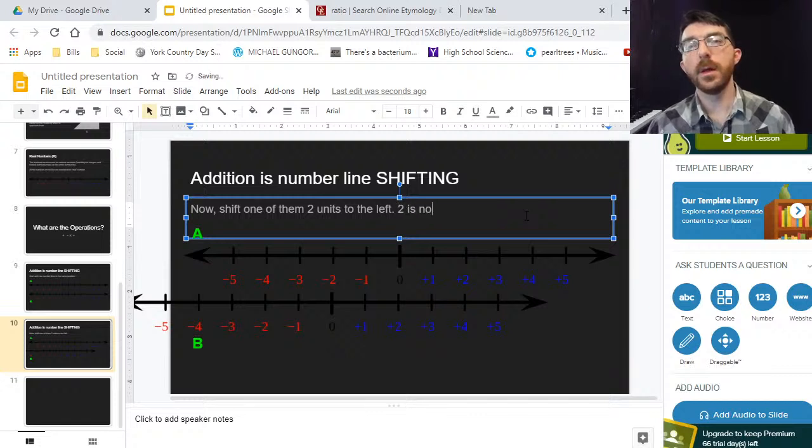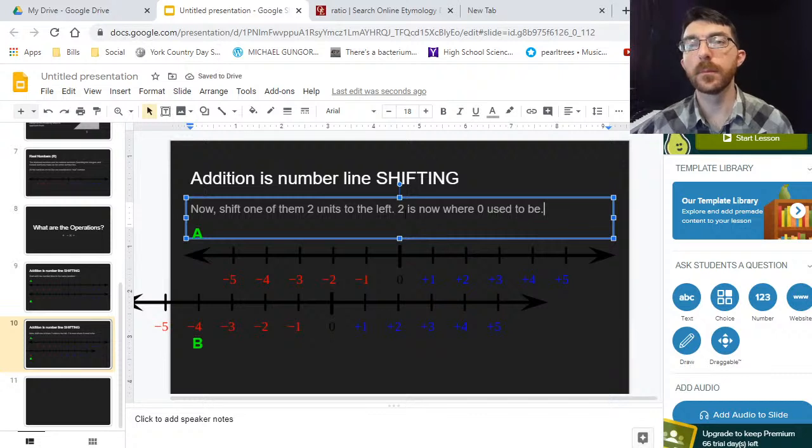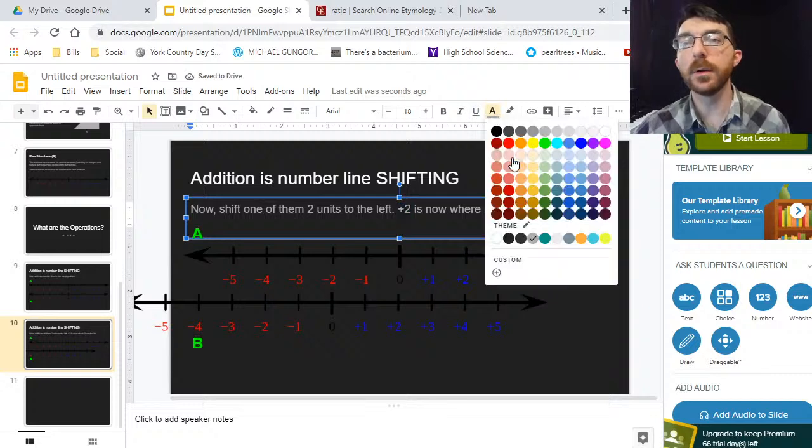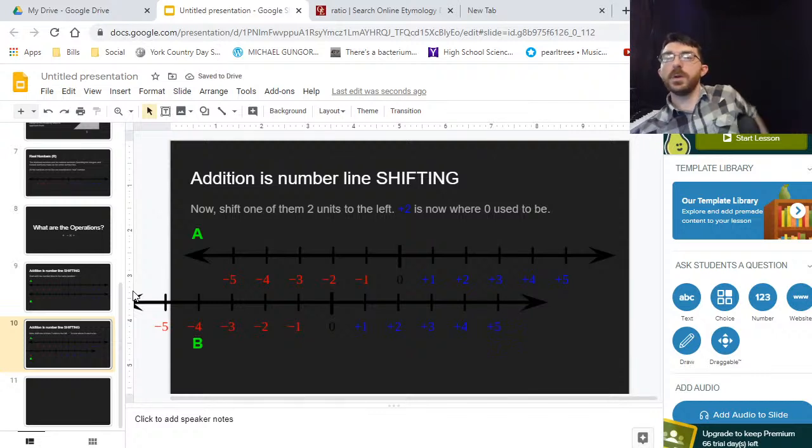Two is now where 0 used to be. Guess I can make that +2 and I'll color it blue as well. Shift one of them 2 units to the left. +2 is now where 0 used to be.